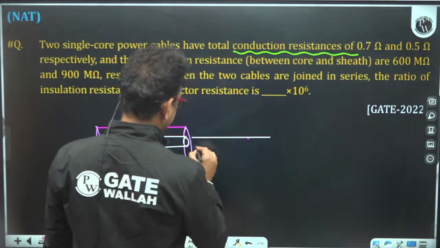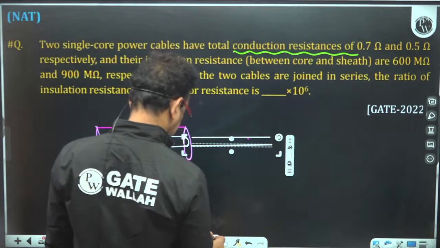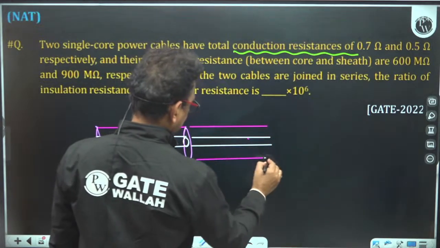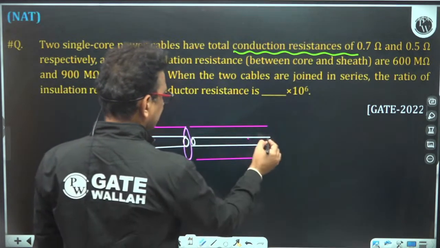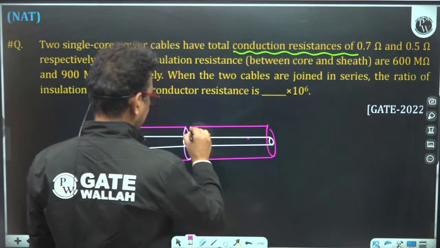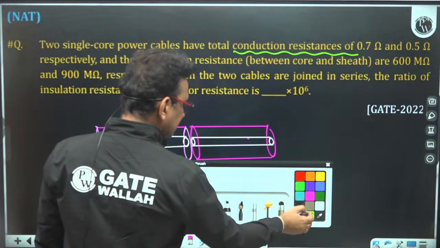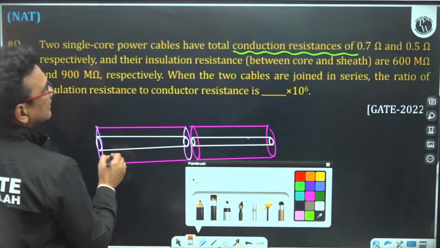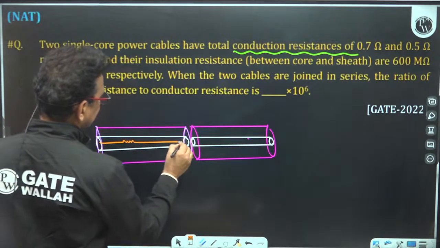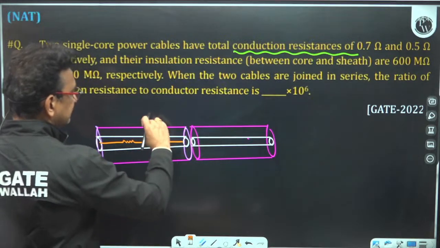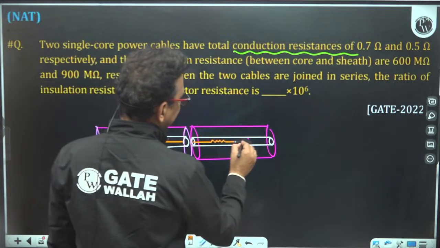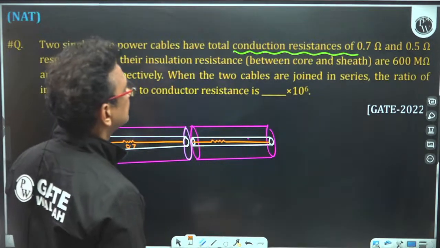This is my second cable. Now the resistance of the conductor of one cable is 0.7. This is a conductor and this is the insulation. So 0.7, and the resistance of the conductor of the second cable is 0.5.